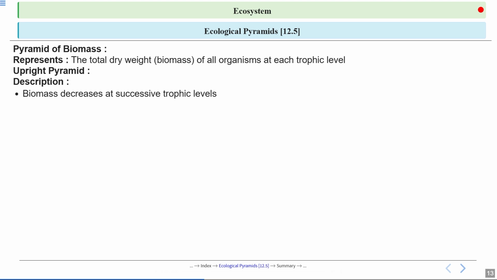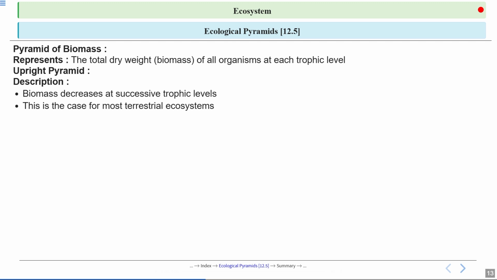This is the case for most ecosystems on land because of the way energy is transferred. Clear? So this is the case for most terrestrial ecosystems. In most cases, in the terrestrial ecosystem, you will get an upright pyramid of biomass.